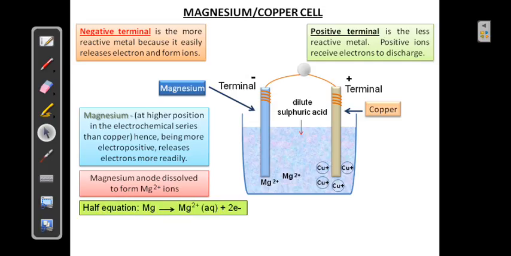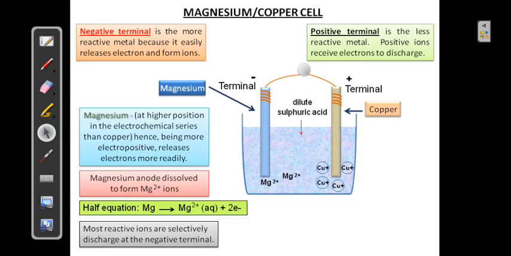And the half equation seen here is magnesium solid will yield magnesium 2 plus in aqueous after releasing 2 electrons. Then the most reactive ions are selectively discharged at the negative terminal. That's the result.